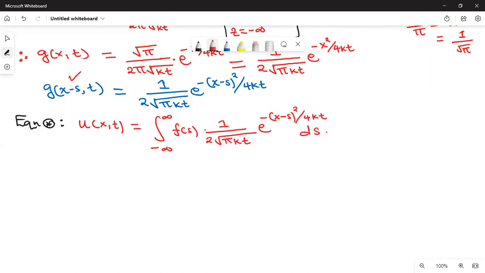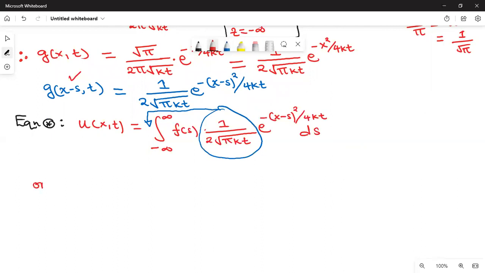That's what you got. Anything that does not depend on s will be factored out. So this one is a constant. Take it outside.